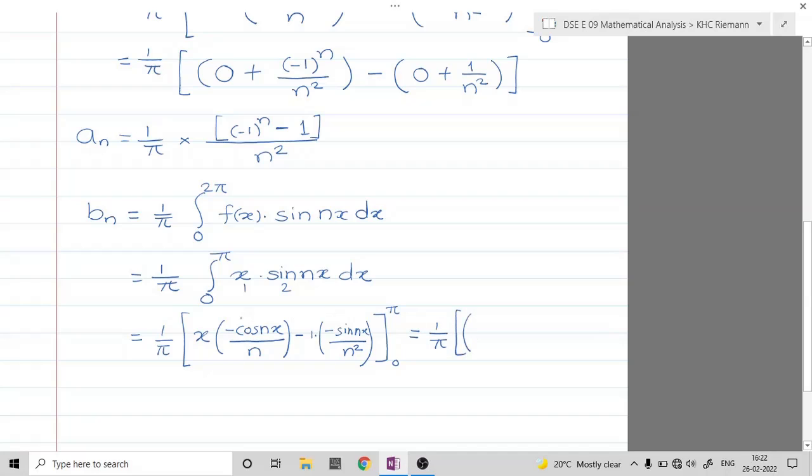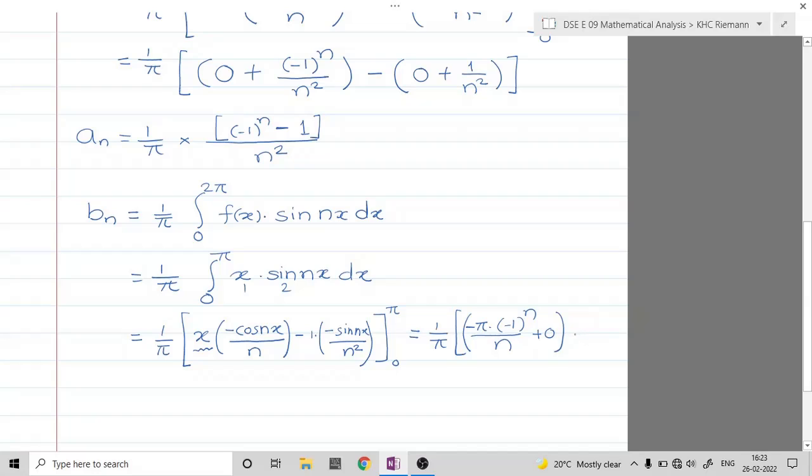Upper limit, when x is equal to pi, we get pi times negative cos n pi, cos n pi is minus 1 raised to n, denominator n as it is. And when you put x is equal to pi in sine, sin n pi is 0, so the second term becomes 0. Minus minus plus, it is 0.